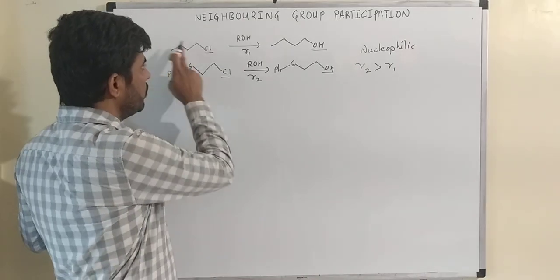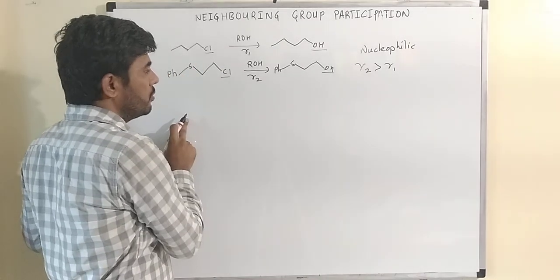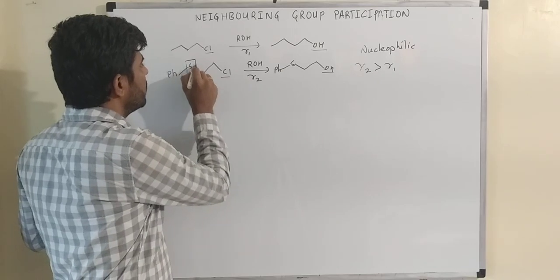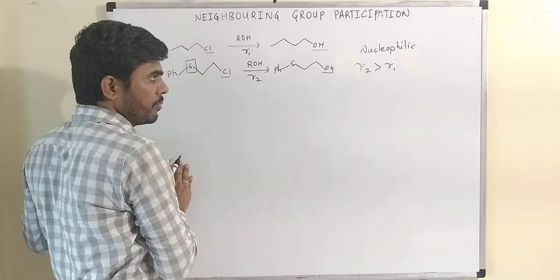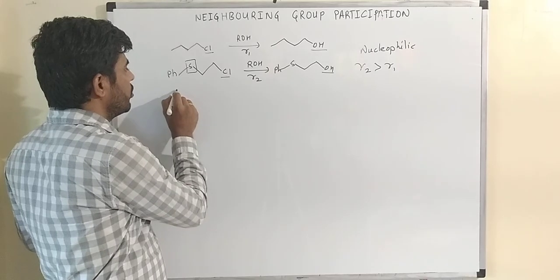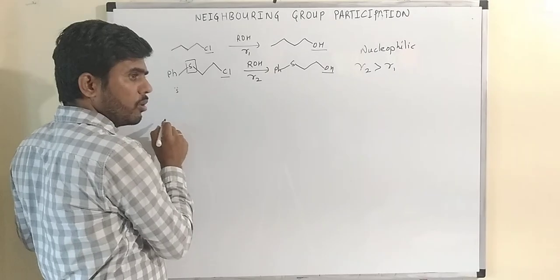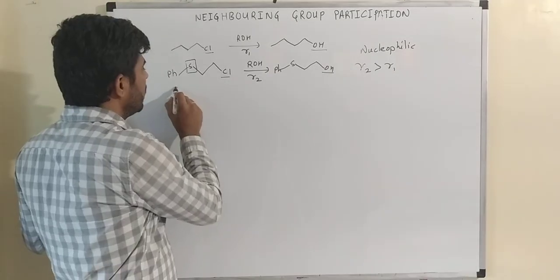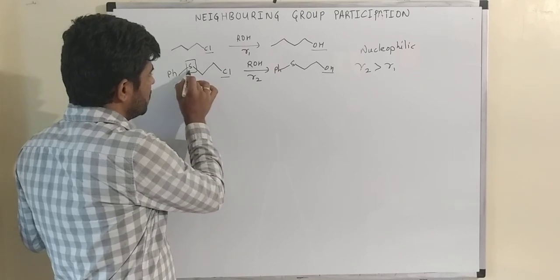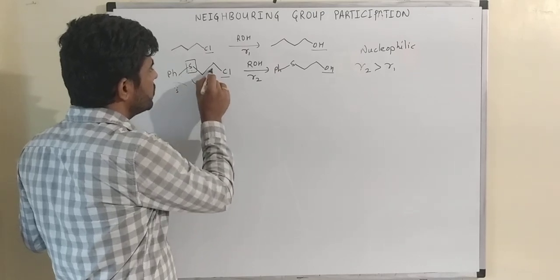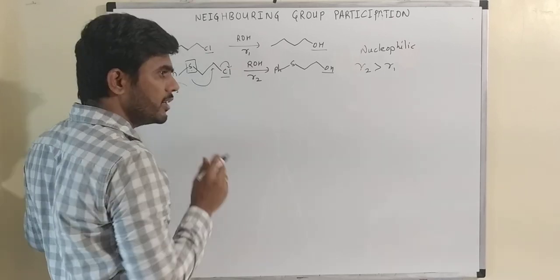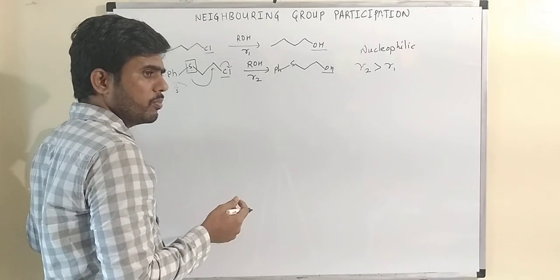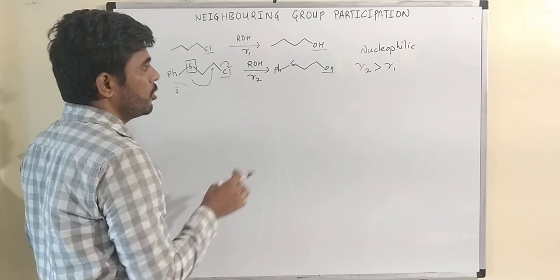If you compare both the structures, the only difference is this sulfur group. Due to the presence of the sulfur group, the lone pair on the sulfur atom will participate in the reaction. It helps to displace this chlorine group, which departs with the pair of electrons.